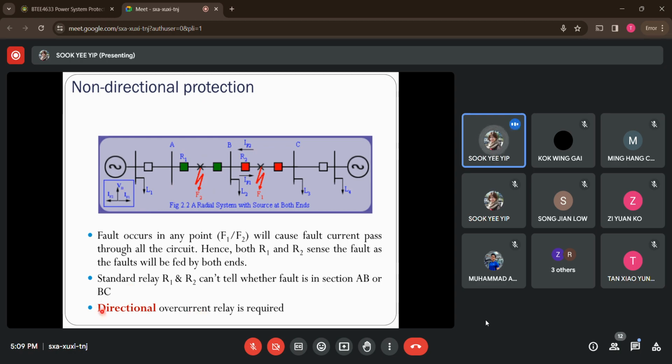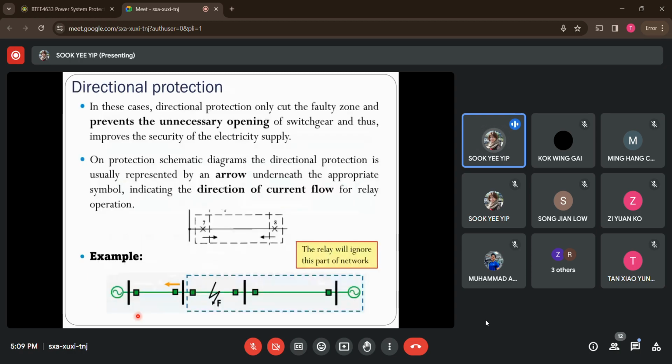Whenever you see directional, it means that the relay is able to detect where the fault is coming from. With such a case, whenever we have a system with generation sources at both sides, we can prevent the unnecessary opening of the protection system, and hence we improve the security of power supply.